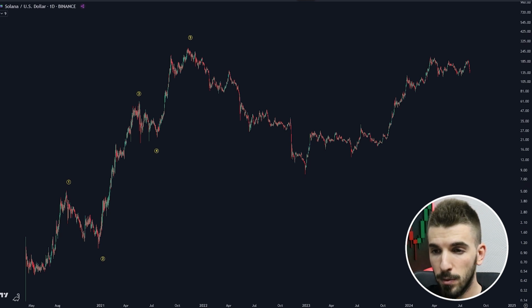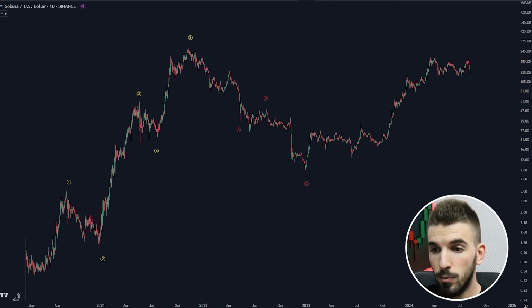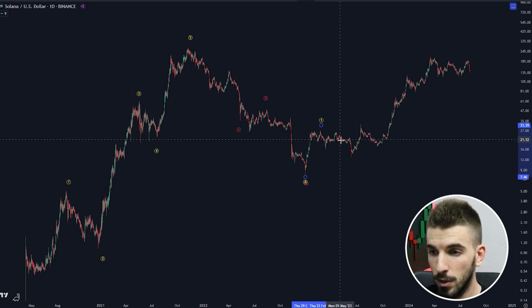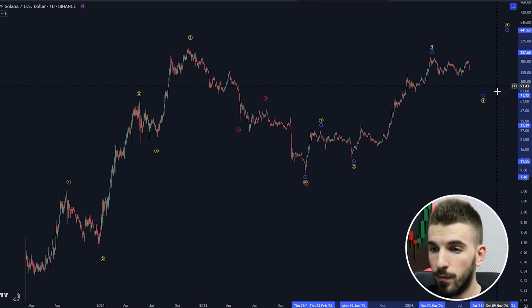Then we can see a bear market where from the top to the bottom there was a 96% drop. And there we can see an ABC structure in wave 2, 3 waves down, A, B, C. After that we can see a move to the upside, this bull market, where we can see 3 waves up, 1, 2, 3, and maybe unfolding 4 and 5.